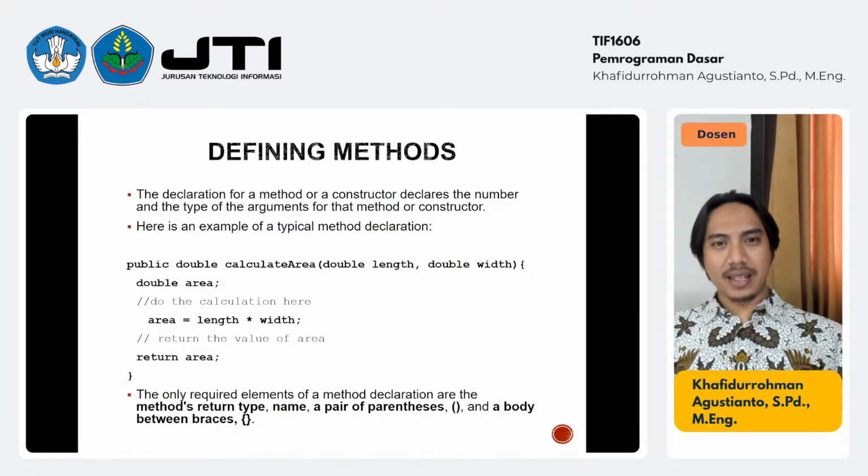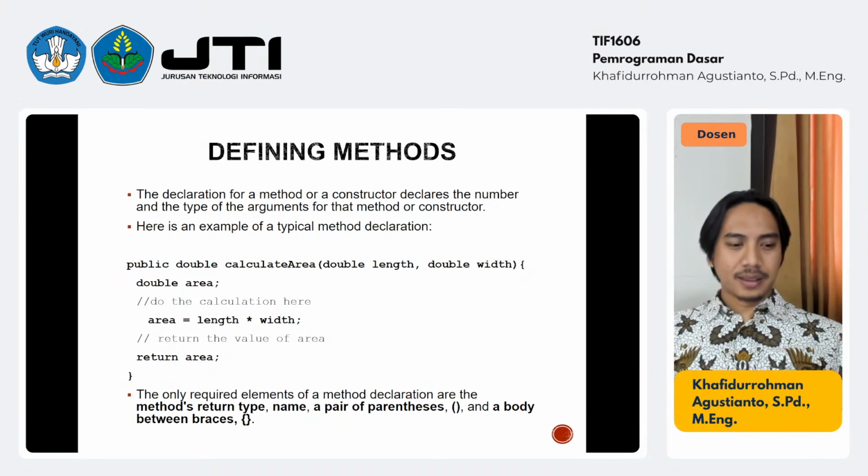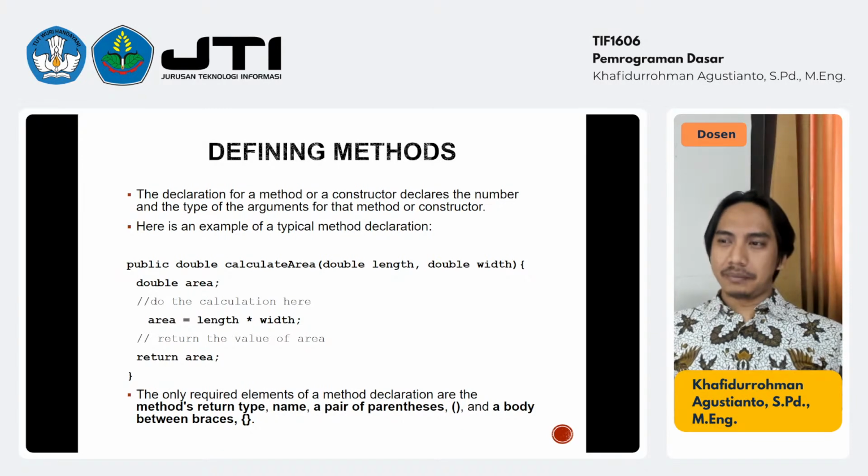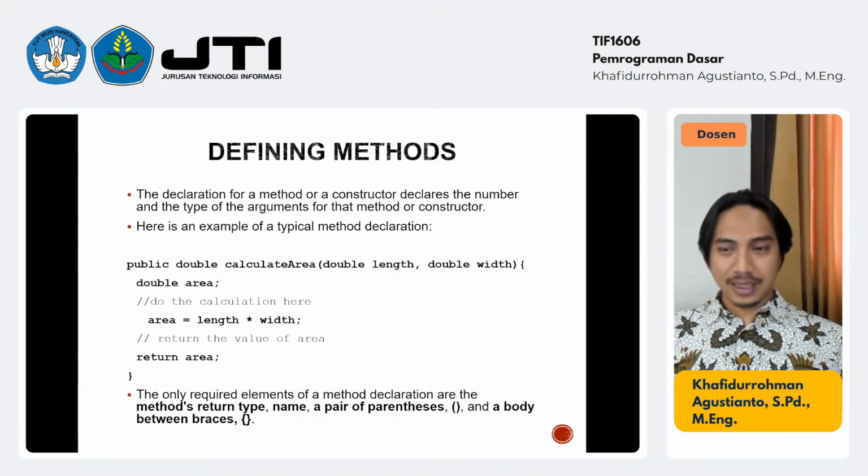Today we are facing a new era of programming. We know about OOP, object oriented programming. Then we use methods as an important part of OOP. Why are methods such an important thing?